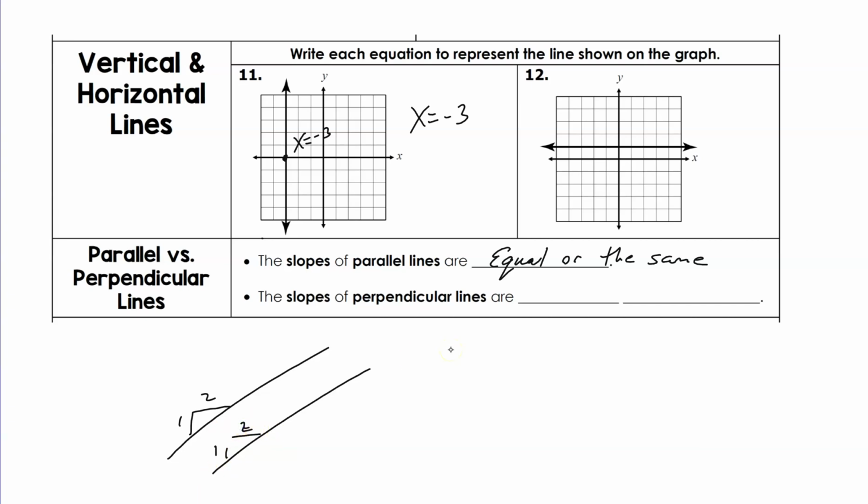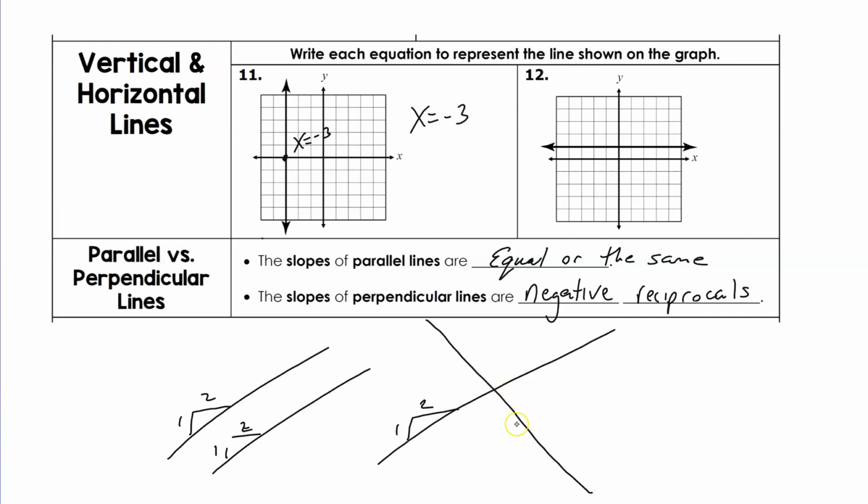Now, perpendicular lines, those are the negative reciprocals. Now, what is a negative reciprocal? Well, that just means the exact opposite. So when you think about it, if this line is going up 1 and over 2, in order to be the opposite and make this 90-degree angle, this line has to be going down 2 and over 1.